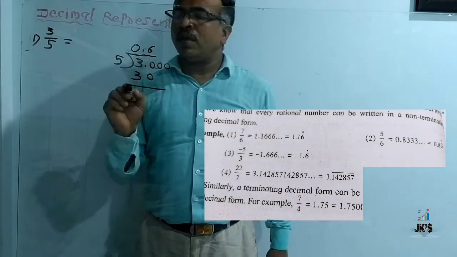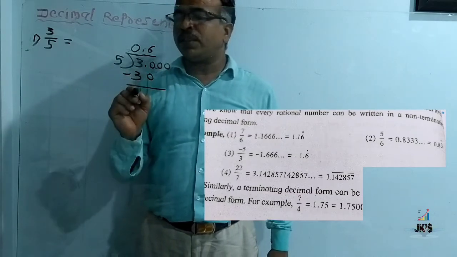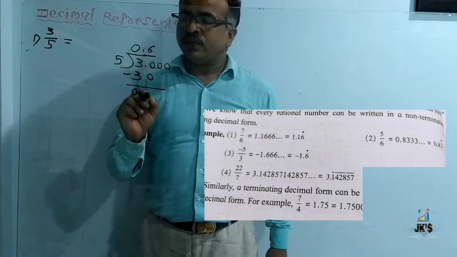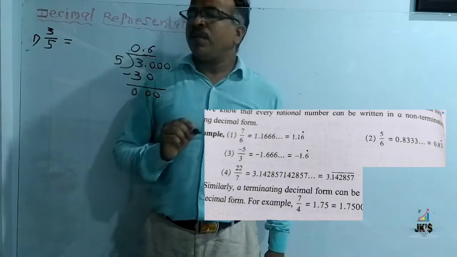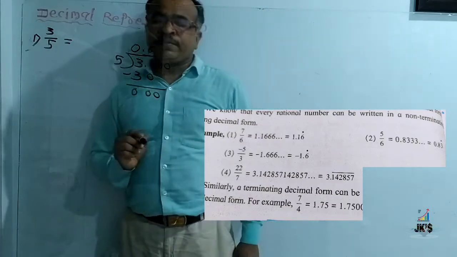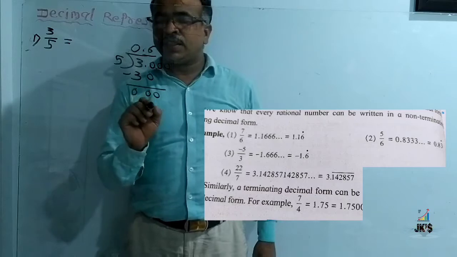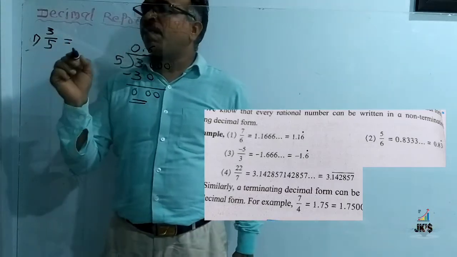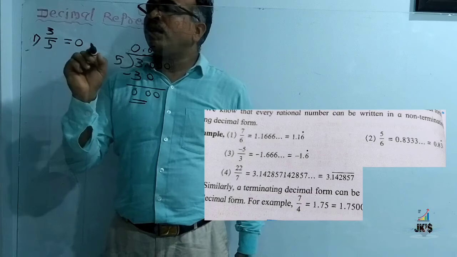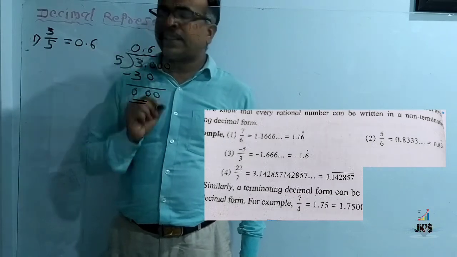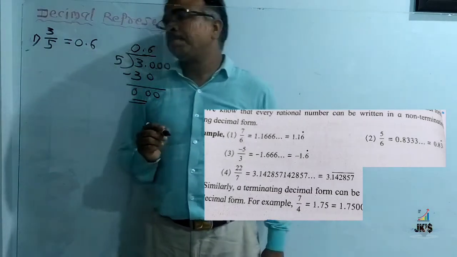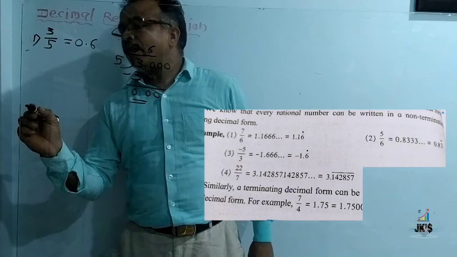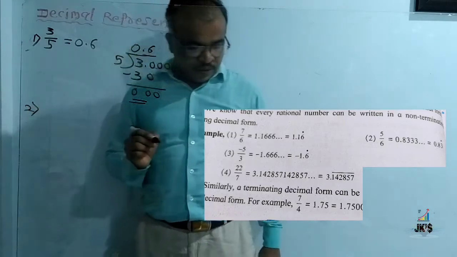Now we subtract: 30 minus 30 is 0. This means the division is completed and the remainder is 0. Hence the decimal form of 3 by 5 is 0.6.